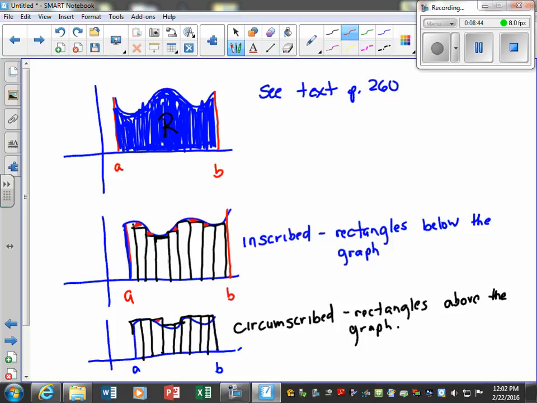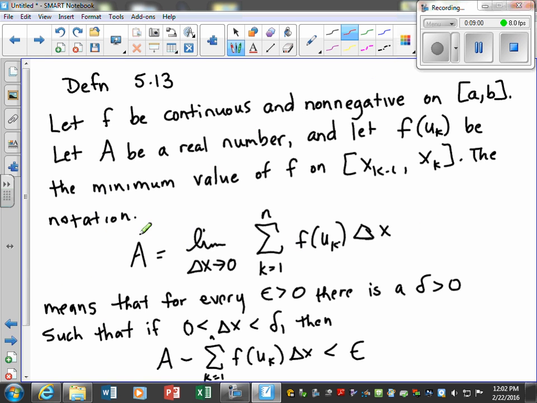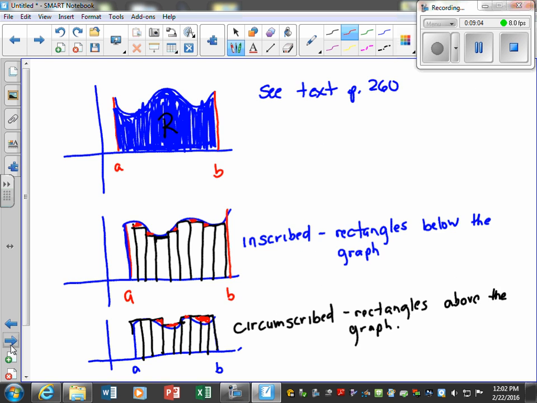And in this particular case, these are above the curve. You can see that our area would basically be a little bit more. Our estimate using these rectangles would be a little bit more than this. But basically, the idea, if we look back, the area is the limit as delta x approaches 0. So these are delta x.